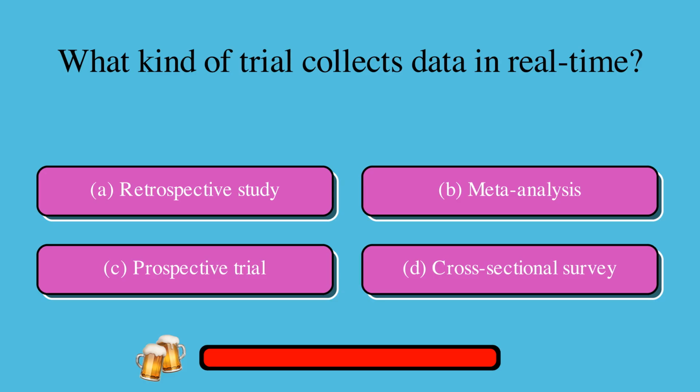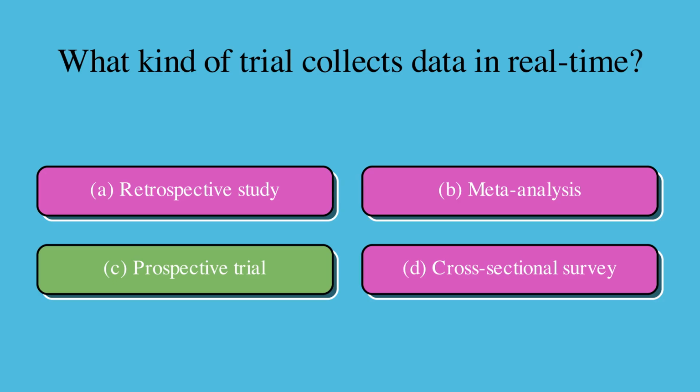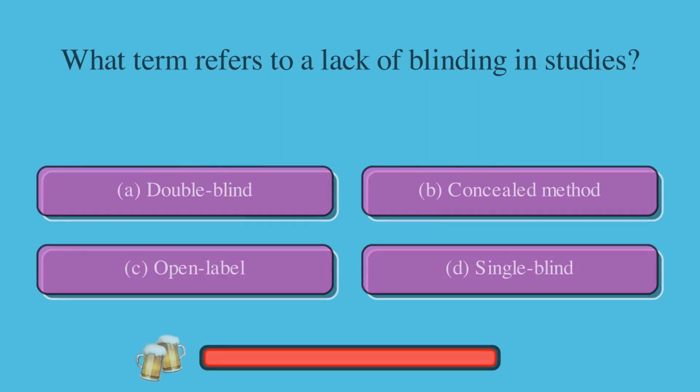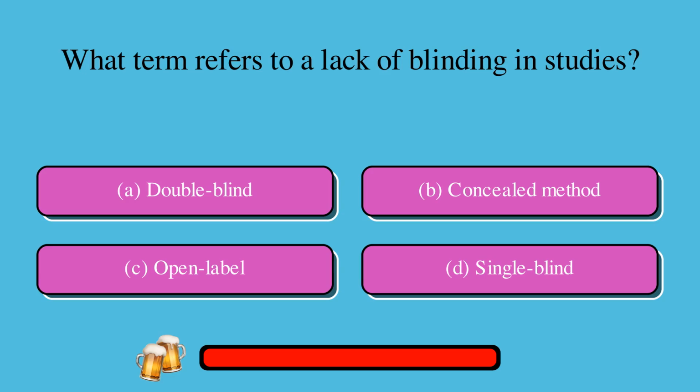A. Retrospective study, or B. Meta-analysis, or C. Prospective trial, or D. Cross-sectional survey? The correct answer is C, prospective trial.